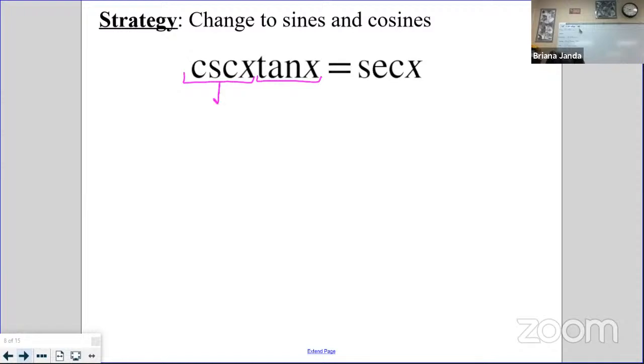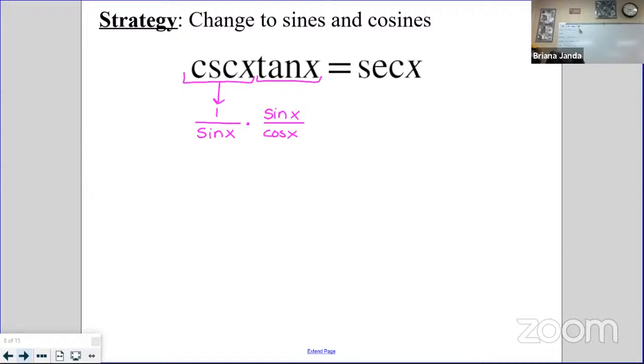And this is very similar to what we just saw. Cosecant being 1 over sine of x. Tangent being sine of x over cosine of x. And again, remember, we can only do really one step at a time as we're verifying this. But this would be one step, changing to sines and cosines.